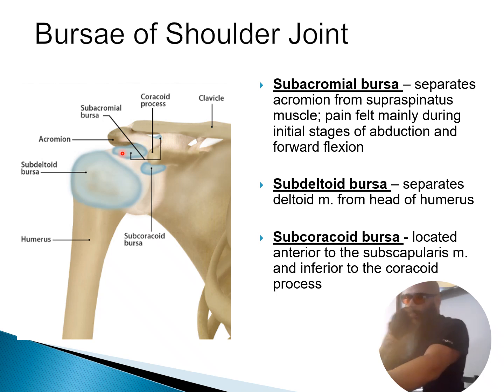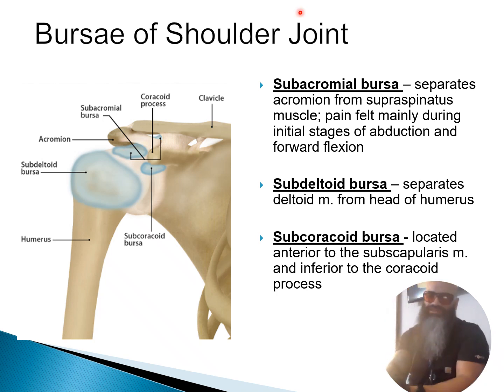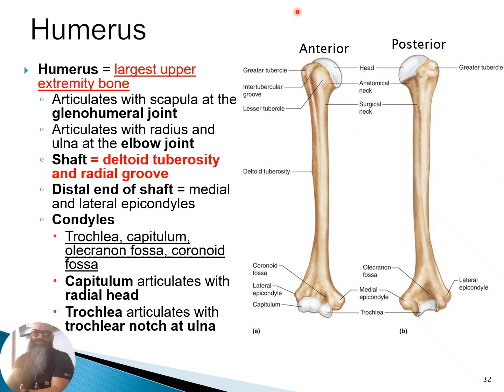So if you do that a lot, overhead activity, like pitchers, volleyball players, mechanics, artists, painters, all that stuff, you're going to create a lot of tension and friction in there, so you get inflamed and angry. So think about that as well, okay? Their main purpose is to limit friction and allow for fluid joint motion. But when those get angry, that gets compromised.